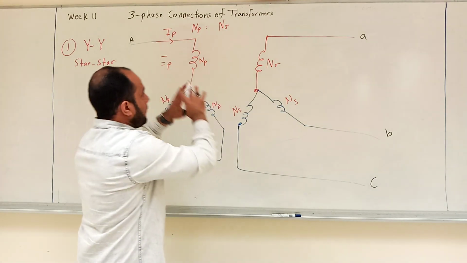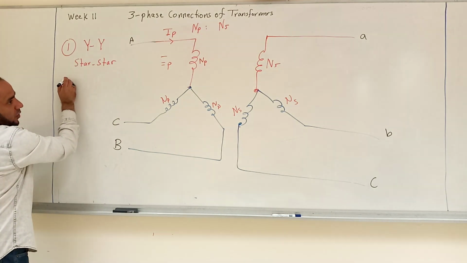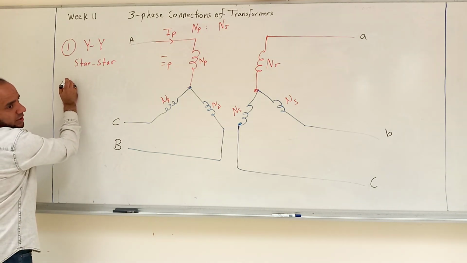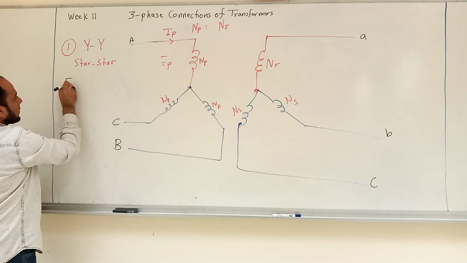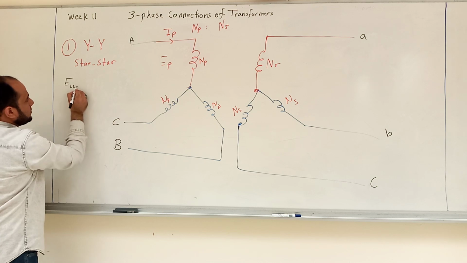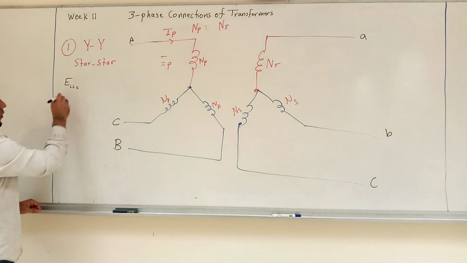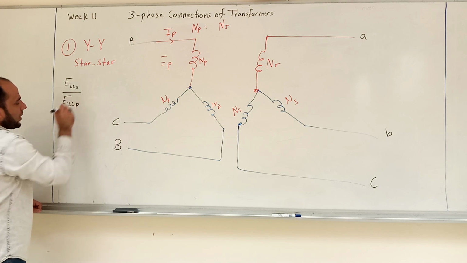The equation of the Y to Y connection comes from the single-phase golden equation that we've just shown before: E line-to-line S, which means secondary, over E line-to-line P, primary.